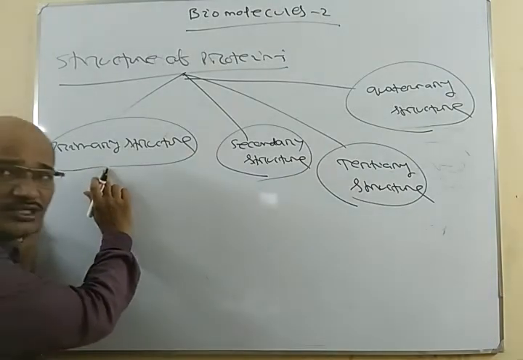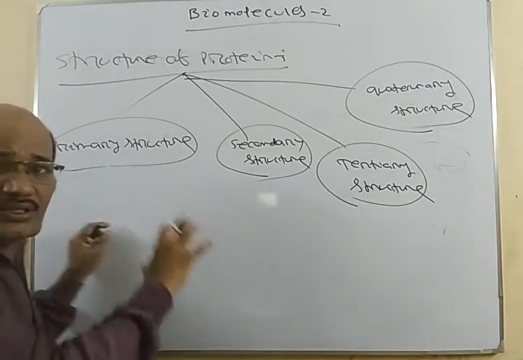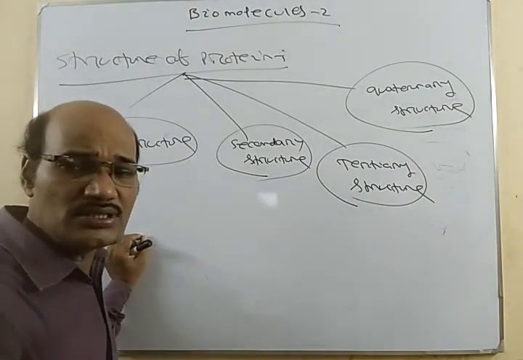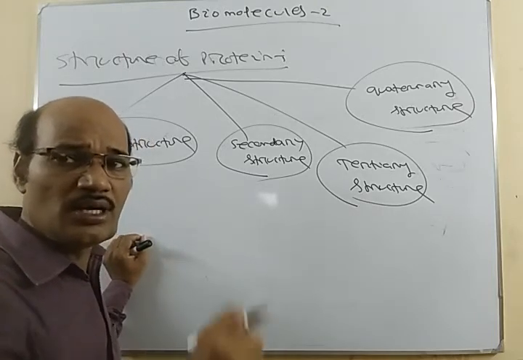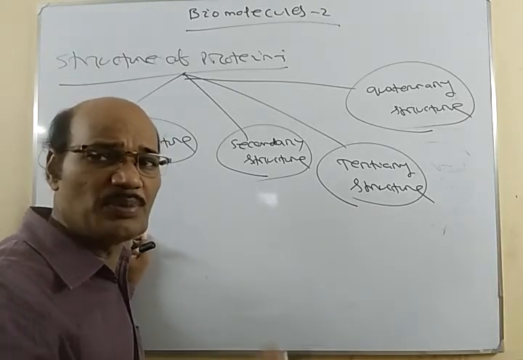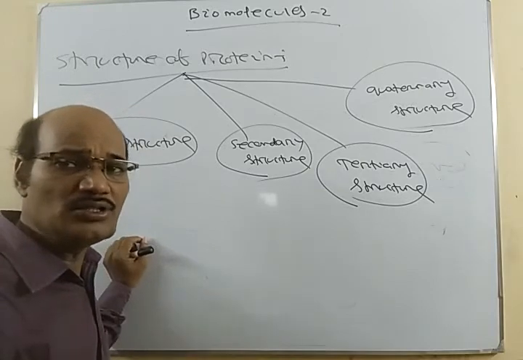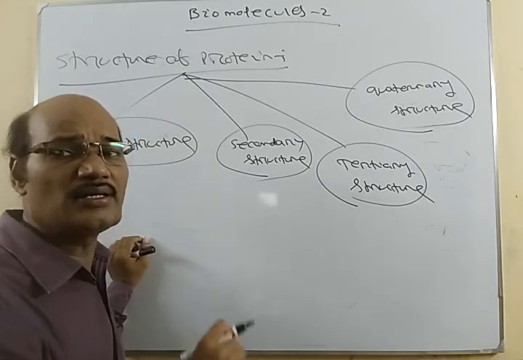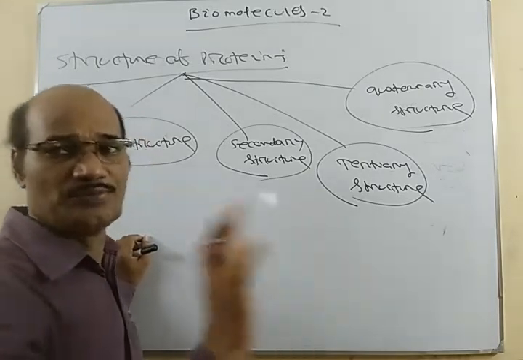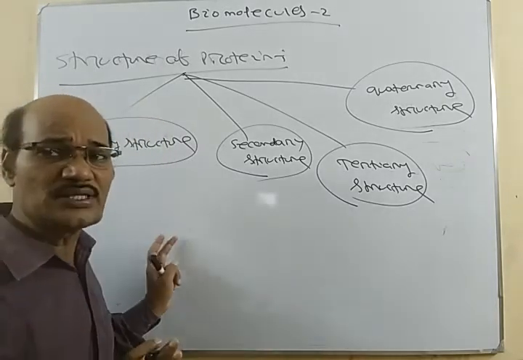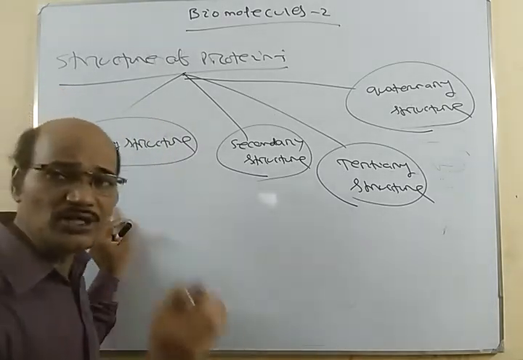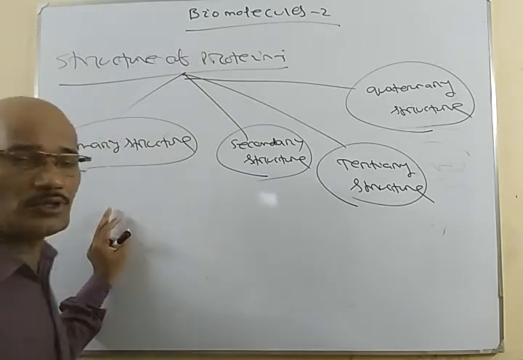This primary structure indicates how in the proteins these amino acid molecules are joined together through the peptide bond, and also how the different atoms are arranged in the protein. This is also called the covalent structure of proteins. Okay.